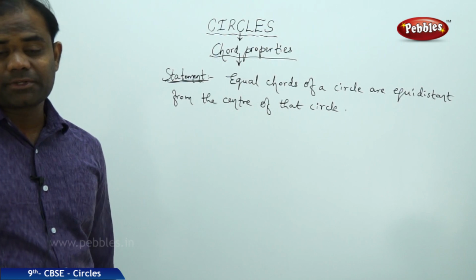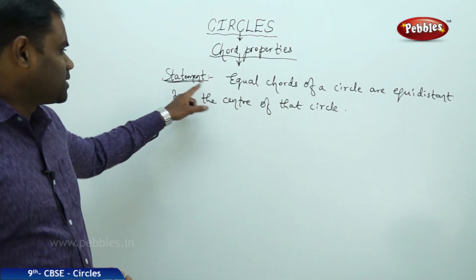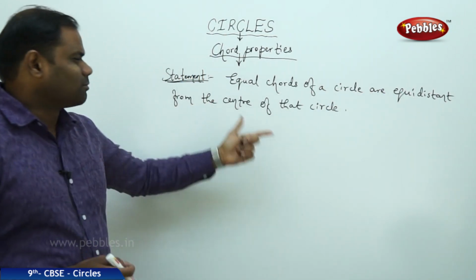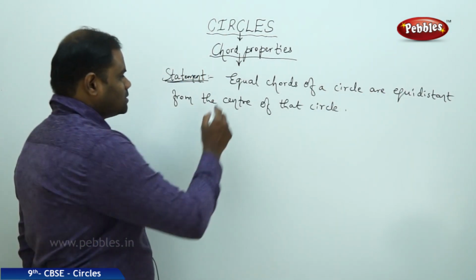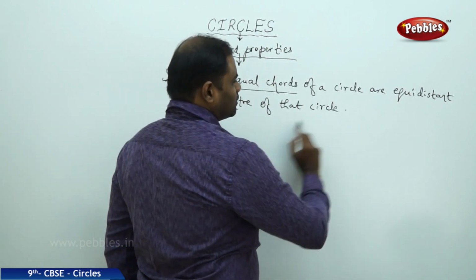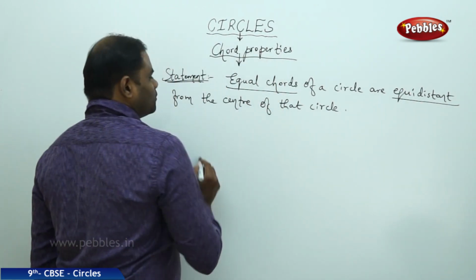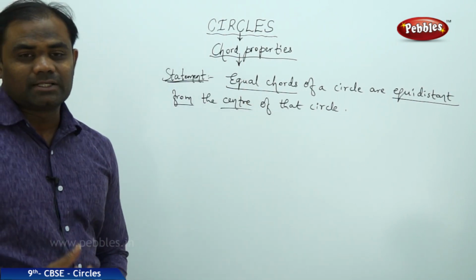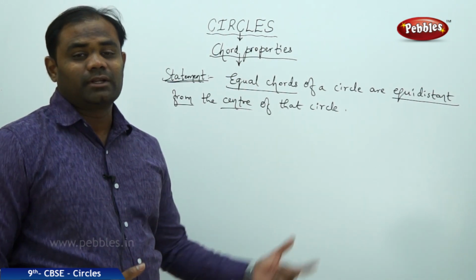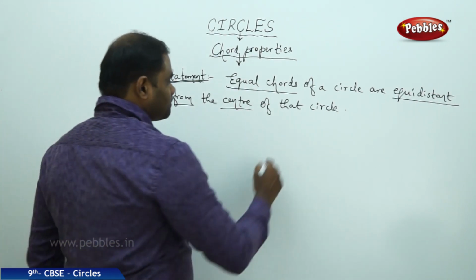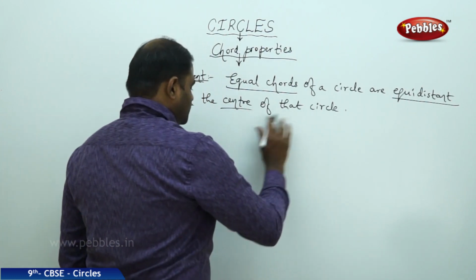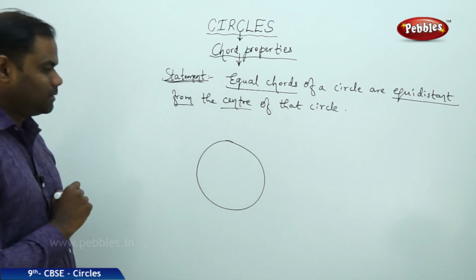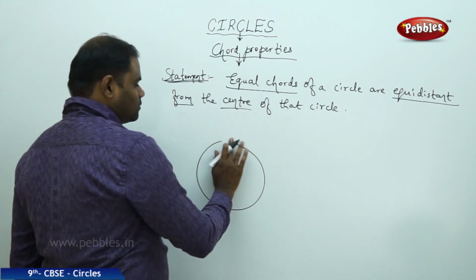How do we understand this statement geometrically? The statement says equal chords of a circle are equidistant from the center of that circle. So here the condition is equal chords will be equidistant from the center of that circle. Let's see geometrically to understand this concept. So here I have a circle, and I have two equal chords.